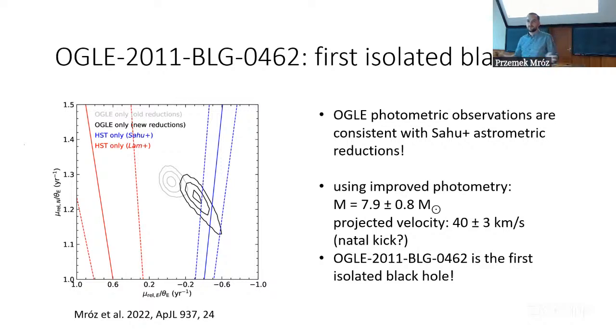And immediately, this tells you which group was right and which group was wrong. So we found that Sahu's reductions were correct. Using our improved astrometry, we found the mass of the black hole about 8 solar masses. So this was the first isolated black hole discovered using microlensing.